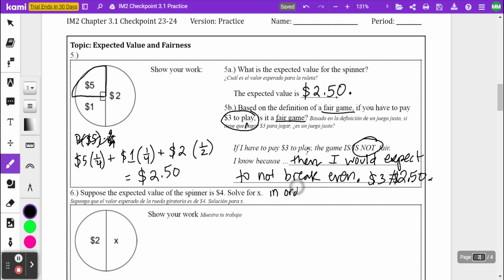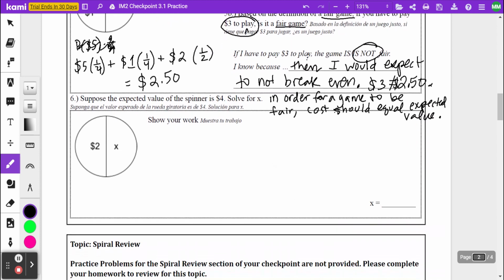In order for a game to be fair, cost should equal expected value. Period. Okay, suppose the expected value of the spinner is $4.